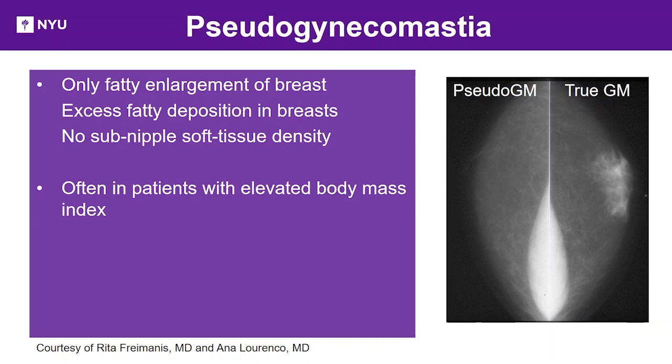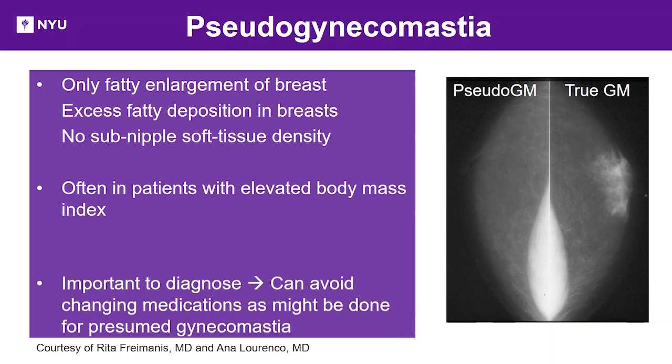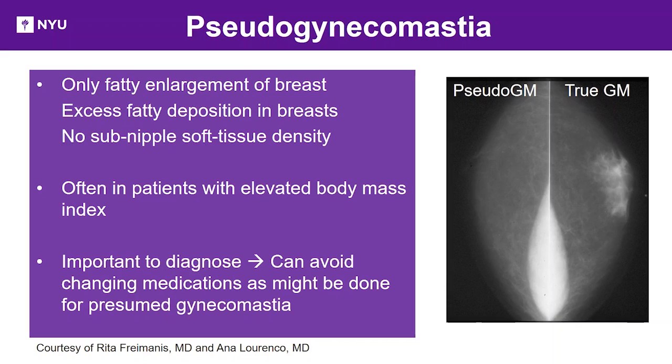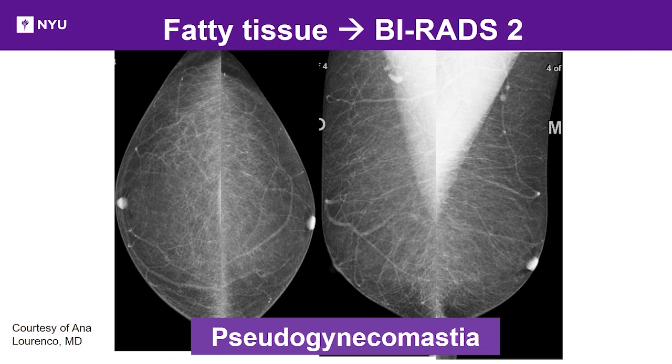And often we see these in patients who are obese or have an elevated BMI. And this is really important to diagnose because if the patient is already on medication, sometimes the doctors will assume that that's what it's related to, and therefore you can avoid changing medication if you in fact alert the physician that the diagnosis is in fact pseudogynecomastia and not gynecomastia.